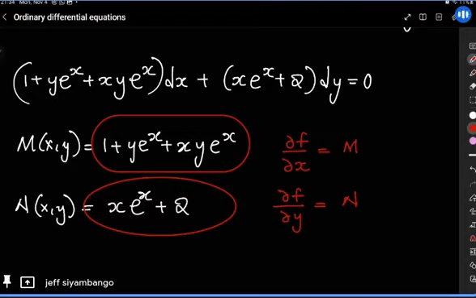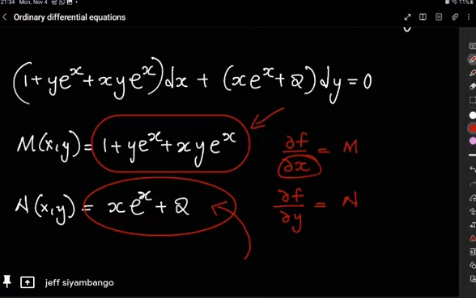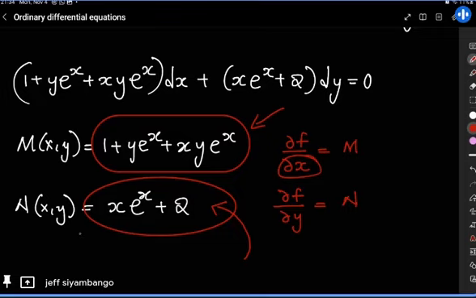Since this is partial f partial x, you'll be integrating with respect to x. Which one is easier? What do you guys think? It's easier to integrate the second one with respect to y.